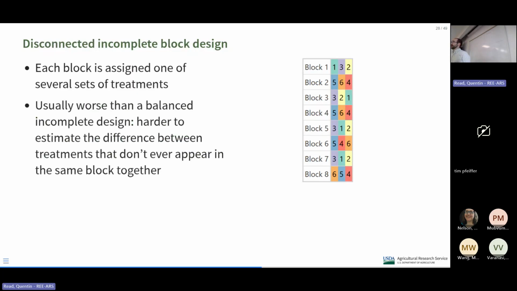Usually this is not as good as a balanced design because it's harder to estimate the difference between, for example, treatment 1 and treatment 4, because they never appear in the same block together. If we treat blocks as a random effect, you still can, but it's better to have a balanced design. This is one that you should typically avoid unless it's logistically necessary.